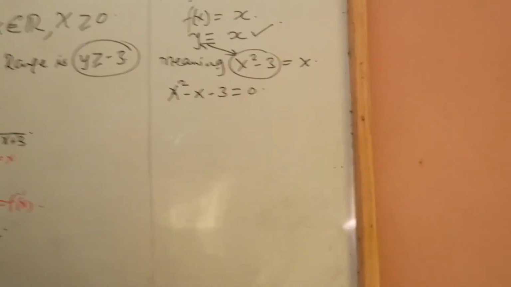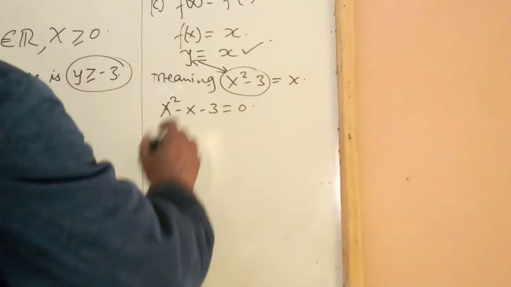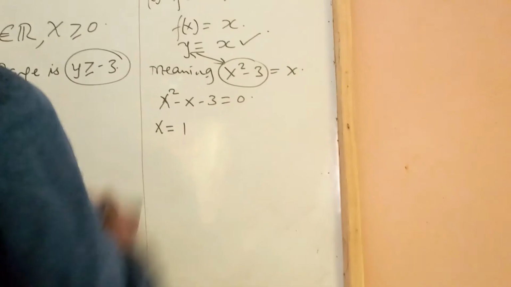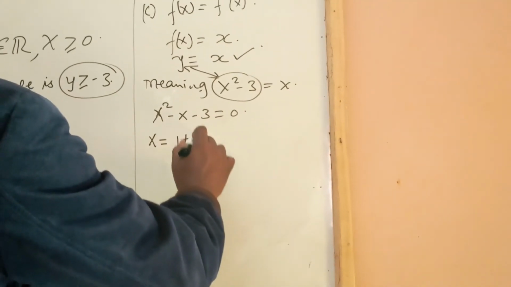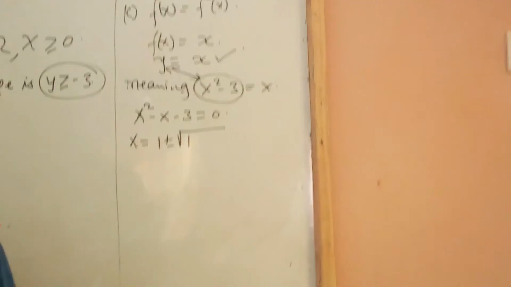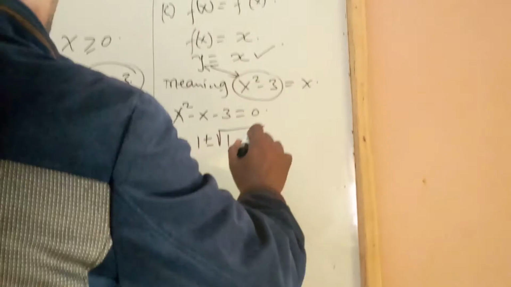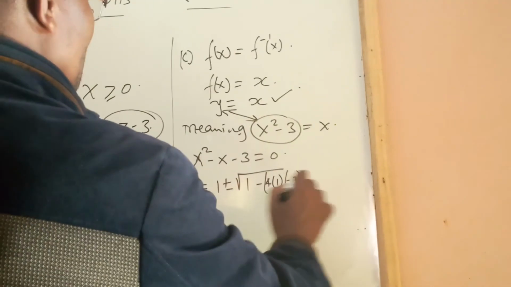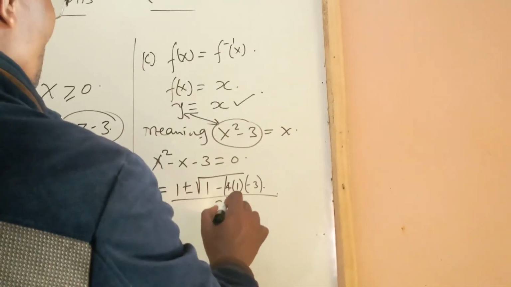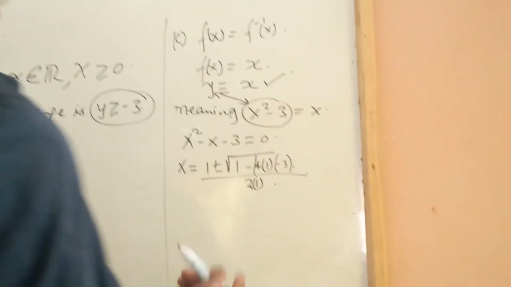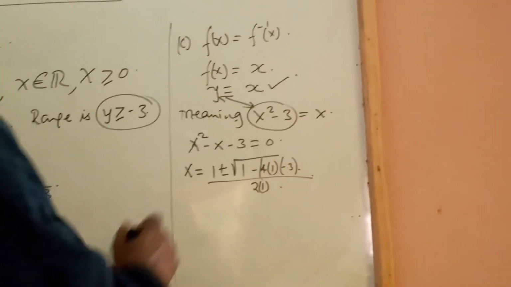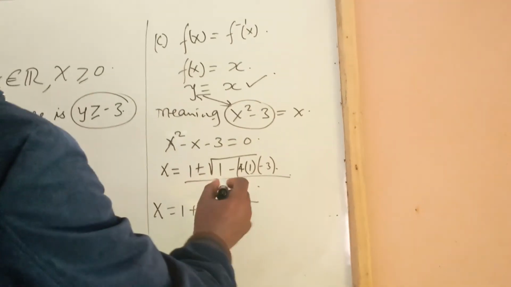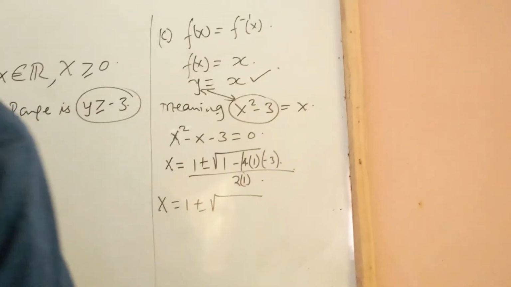It's already showing that x equals minus b, plus or minus the square root of 1 squared, which is 1, minus 4 times 1 times minus 3, all over 2 times 1 because of 2a. This is something which you are familiar with. So x is 1 plus or minus the square root of 1 plus 12.